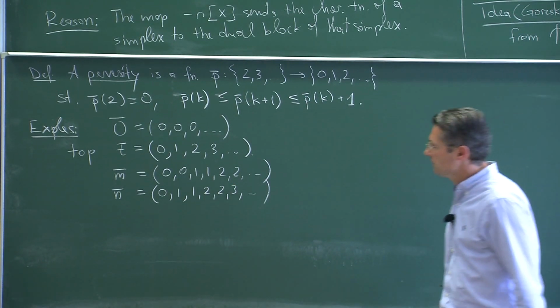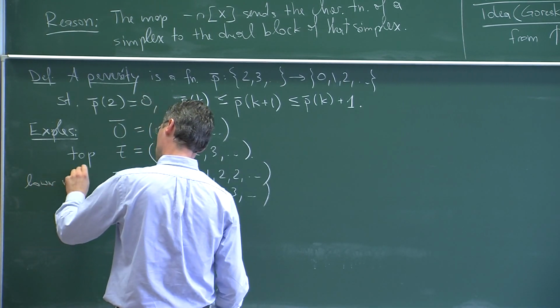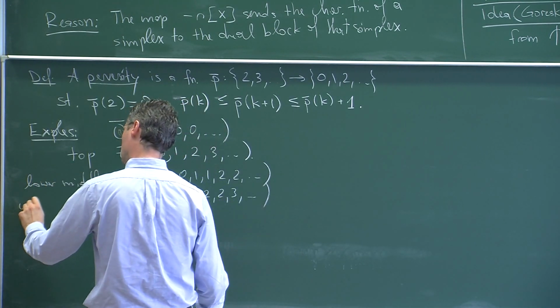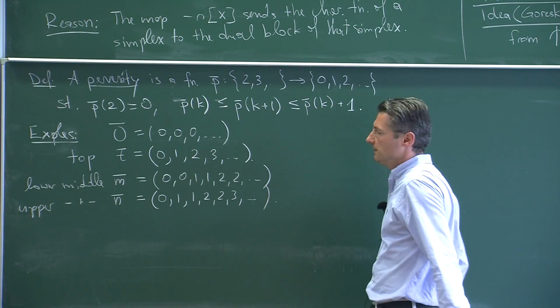So this is called the lower middle perversity, and this the upper middle. Okay, so these are rather important.